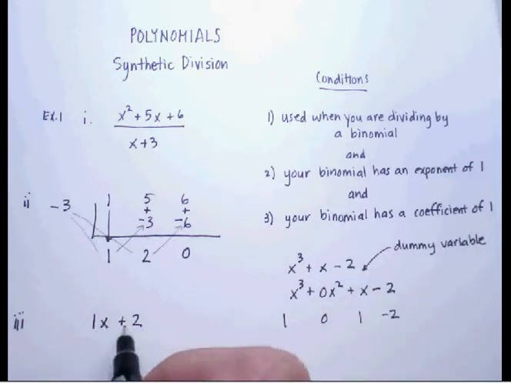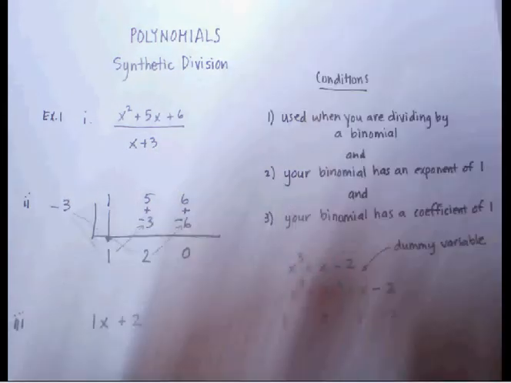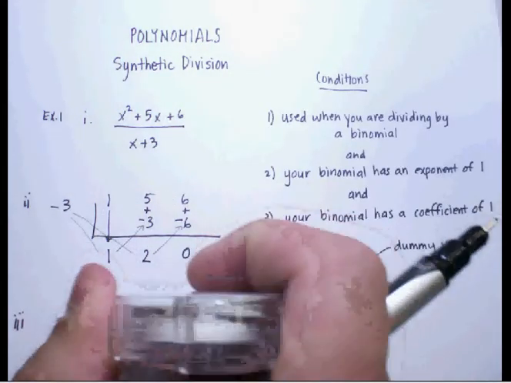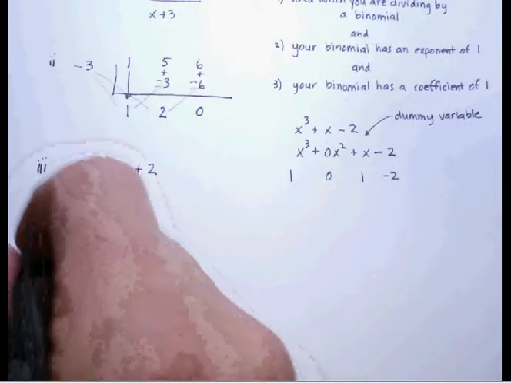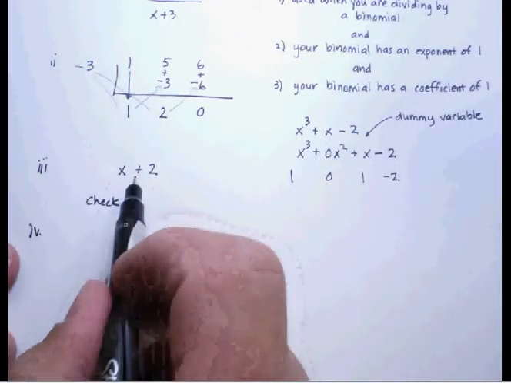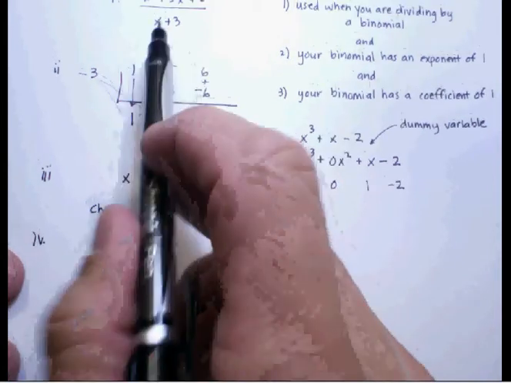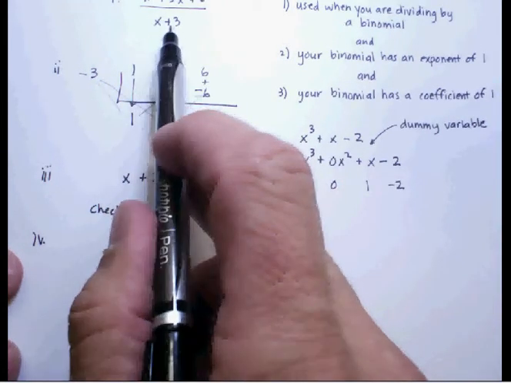Now what does that mean? Basically this is saying, and we'll just call this step 4, this will be my check. What you are saying is that x plus 2 times x plus 3, whatever you were dividing by, should equal the numerator. And let's see if that's true.